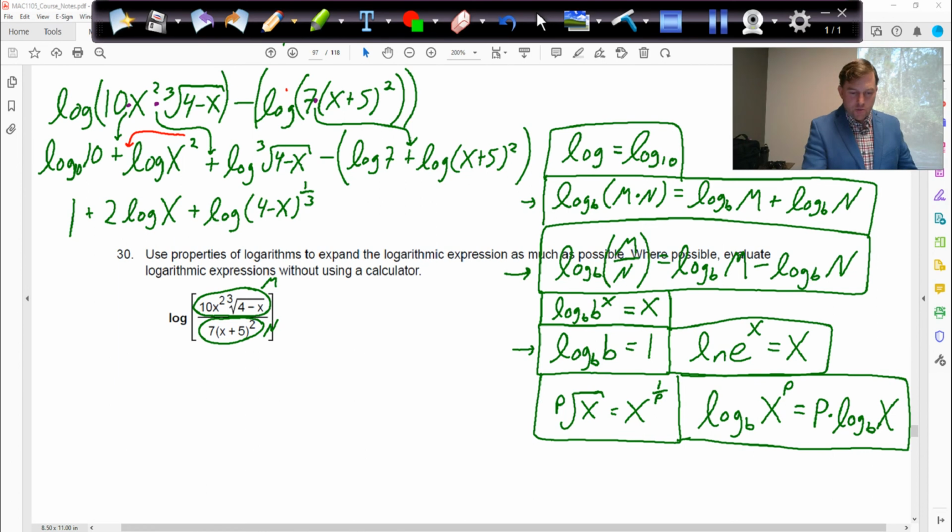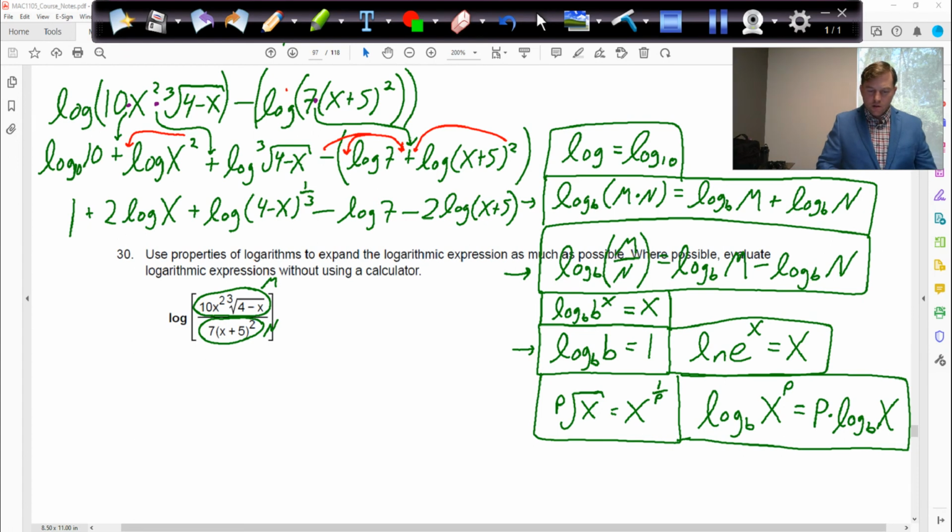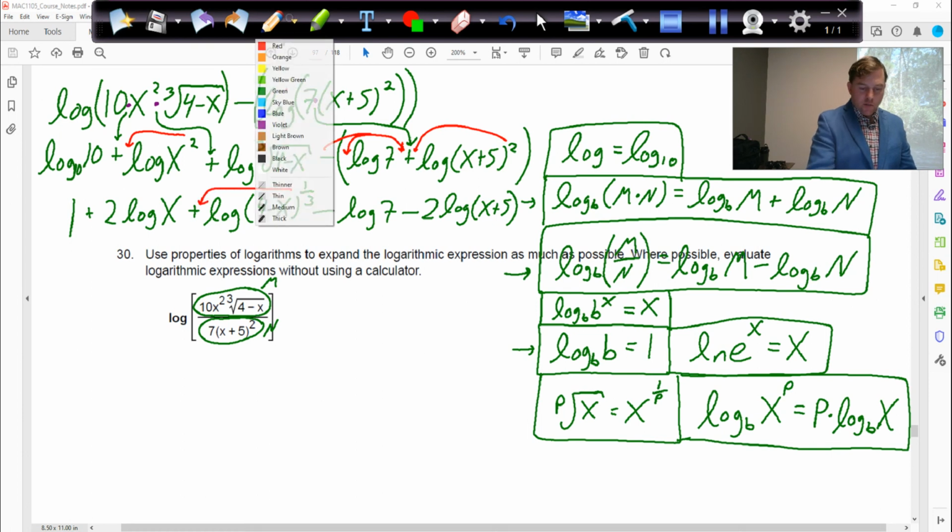Now we're going to distribute this minus sign. So this minus will go into here, and it will also go and override that plus. And we're going to simultaneously bring this 2 down. So a couple steps there. We're going to have minus log 7, and minus 2 comes down in front, 2 log x plus 5. Okay, now I believe the last step we have is to just bring this 1/3 down, and we can write it.